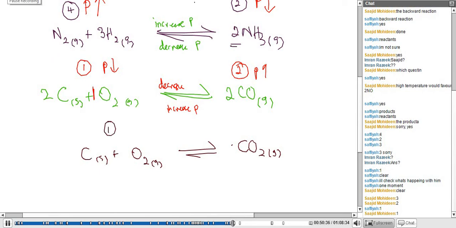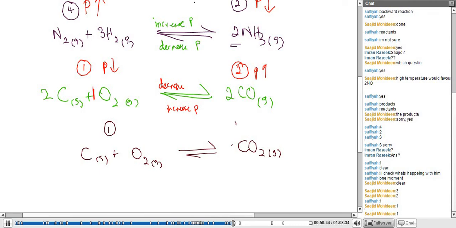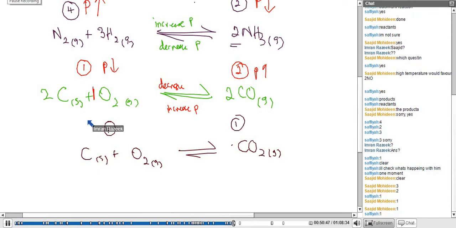Products, how many gaseous molecules? 1. So the number of gaseous molecules is the same here. When the number of gaseous molecules is the same, the pressure is the same. When the pressure is the same, there is no pressure effect.